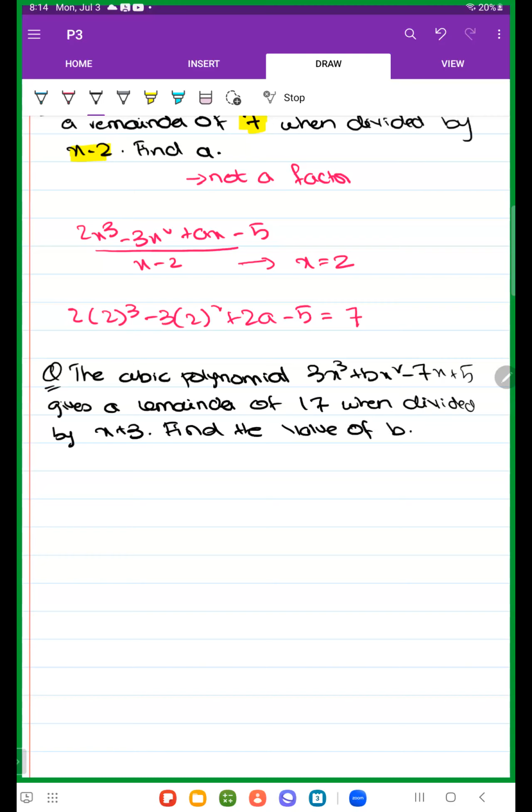Okay. That's x plus 3. This is 3. Yes, x plus 3. Okay.